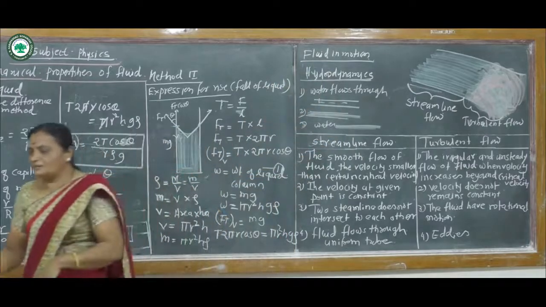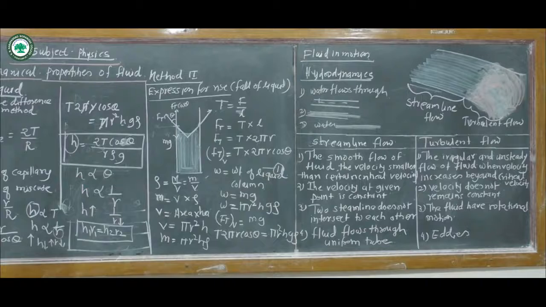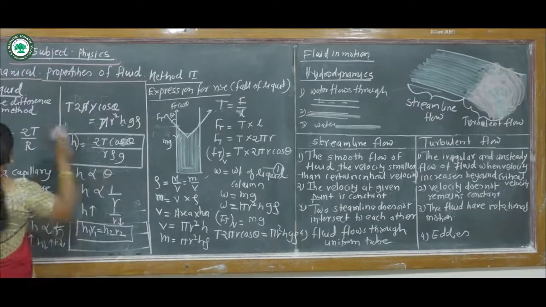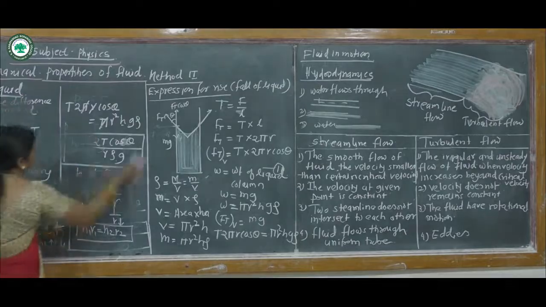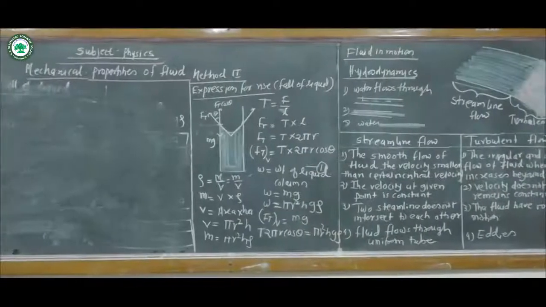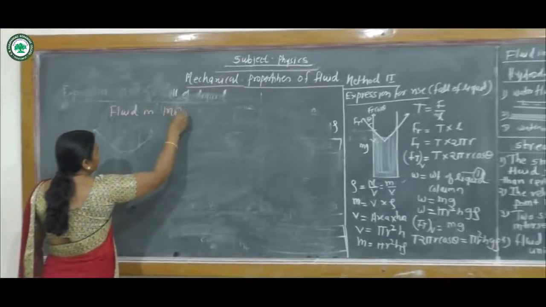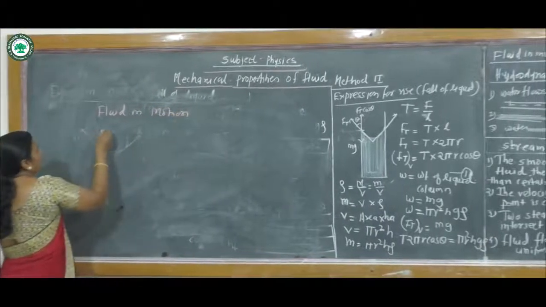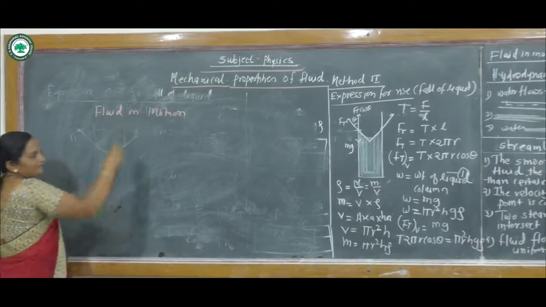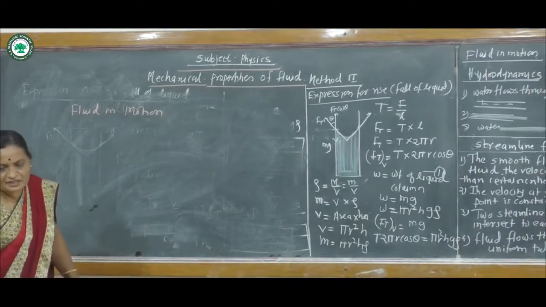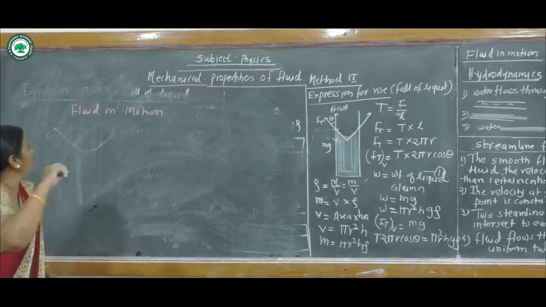Now we see some definitions and then we see streamline flow and turbulent flow. Fluid in motion is the branch of physics which deals with the study of fluid in motion.